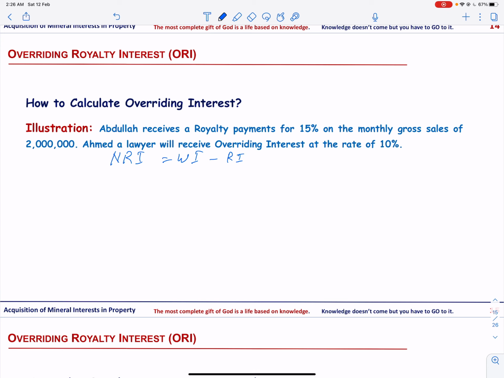The royalty owner receives monthly royalty of 15% of the monthly gross sale of 2 million. So, if the royalty interest is 15%, the net revenue interest will be 100 minus 15, and 100% of working interest was 2 million.